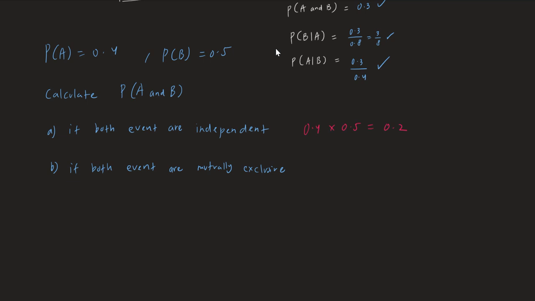If my P of A is 0.4 and my P of B is 0.5, and they're mutually exclusive, it's P of A times, no, not times, plus P of B? No. Because that is for OR.